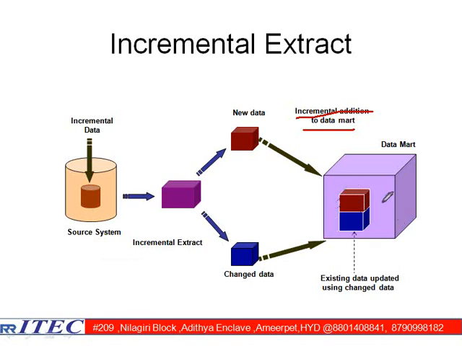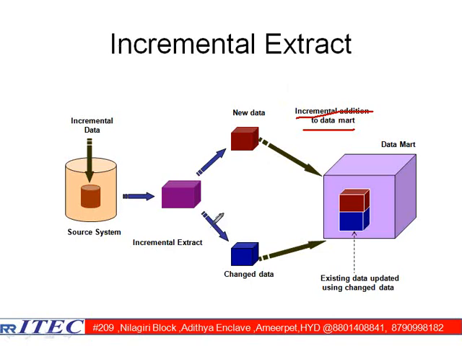Suppose your record is an existing employee's, but you got a promotion. Then I update the data in the data mart. Suppose your record is a newly joined record, then we enter it into the data mart. You are getting my point? You will understand these things when we do the live implementation. Whatever we are seeing in this diagram, we are going to implement live.